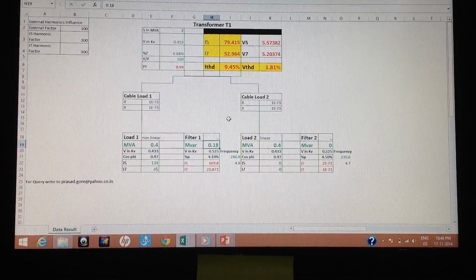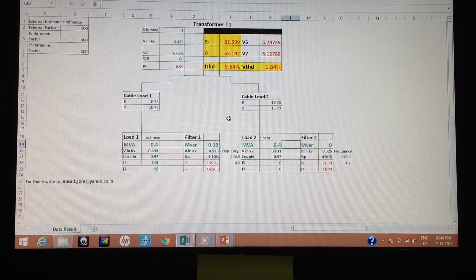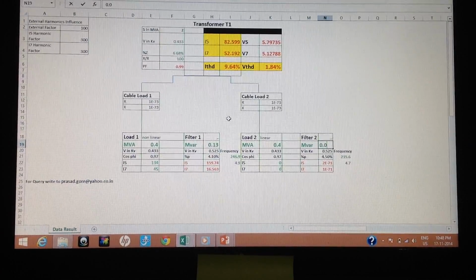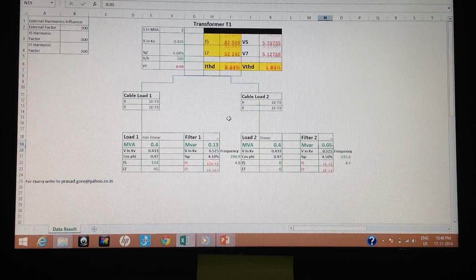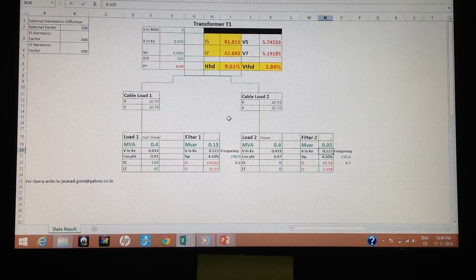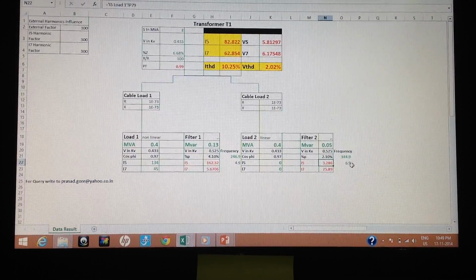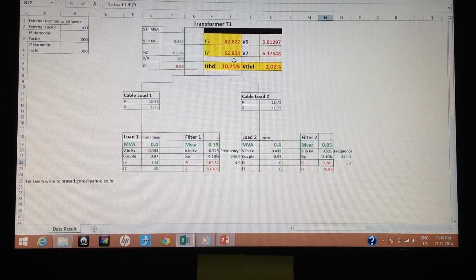So one I will do at 113 and the second I will do with 105. So the sum will be again 180 kW. This I will tune to 344, that is 7th harmonic, and this is tuned to 5th harmonic, that is 246. Now see the scenario. This is 82, this is 62. The filtering is not happening.